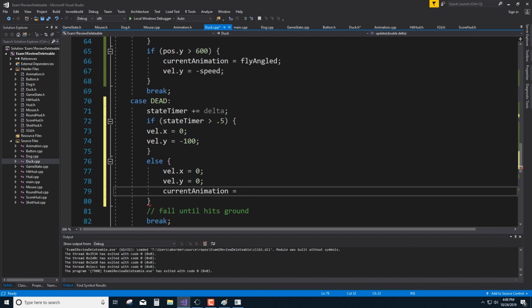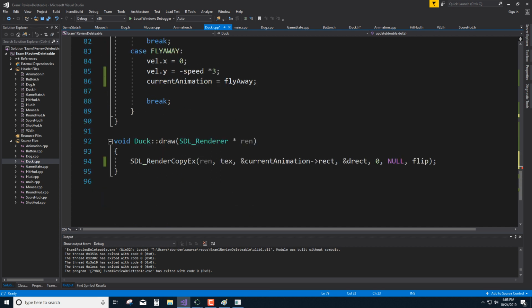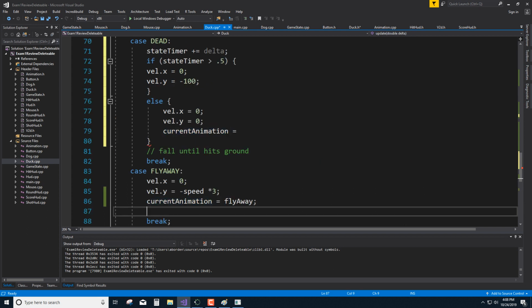And then comes the question: do we create single frame animations to control this, since our draw function is based on a current animation? I think that would be the easiest way to handle it. It flips, but it's not an animation.